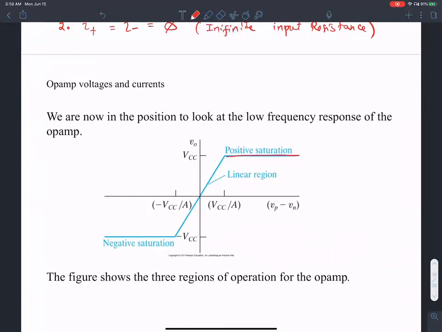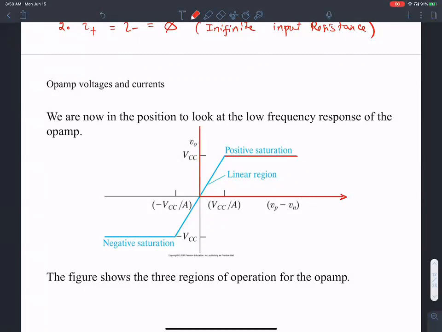When the gain is really, really large, or when the input difference is really large, the output is going to saturate at the positive power supply. So the idea is, let's say along the x-axis, you're plotting how much force you're putting into jumping on a trampoline, how hard you're jumping.